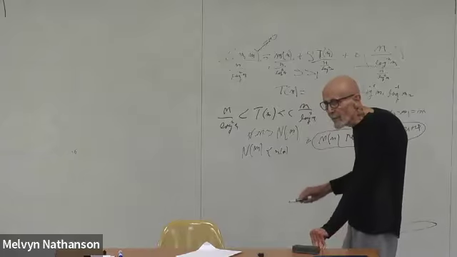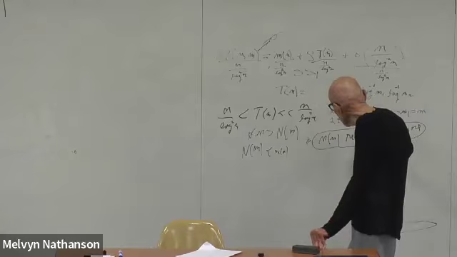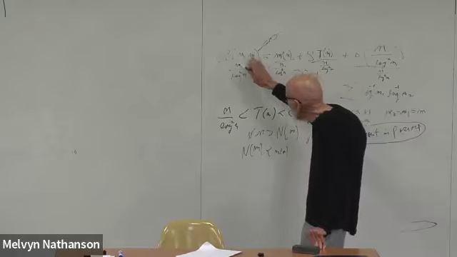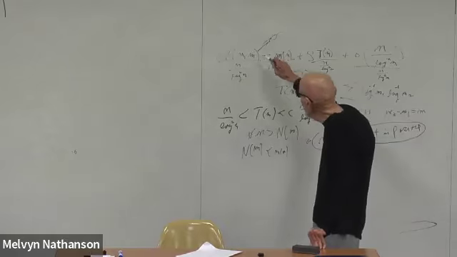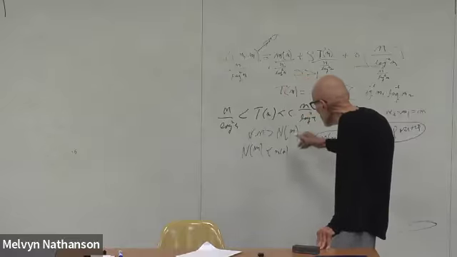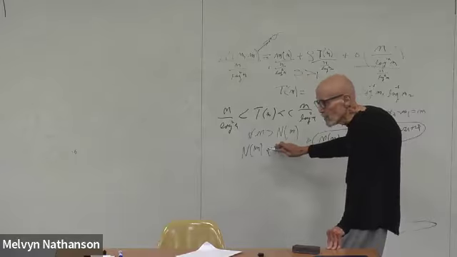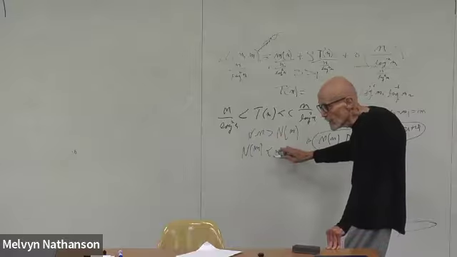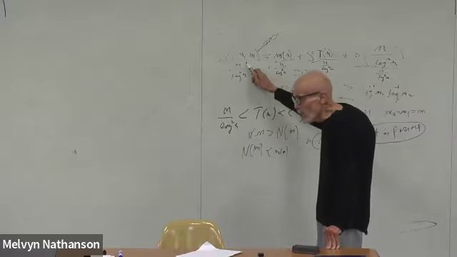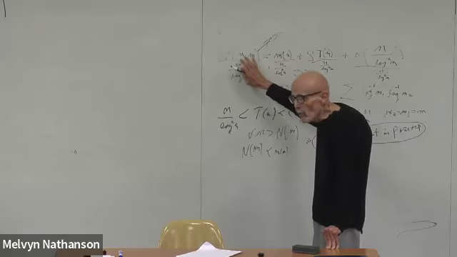Which means my condition here is necessary and sufficient if this ratio goes to infinity. Now, I think this condition here seems totally unreasonable, so Hardy and Littlewood are probably right that this ratio is bounded.